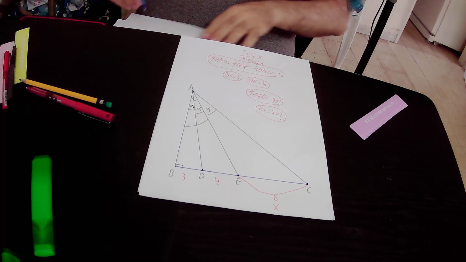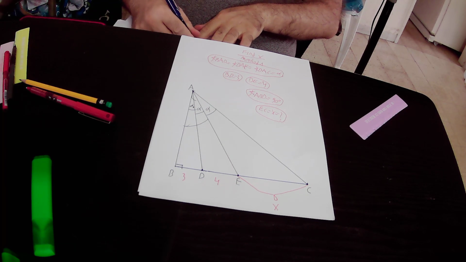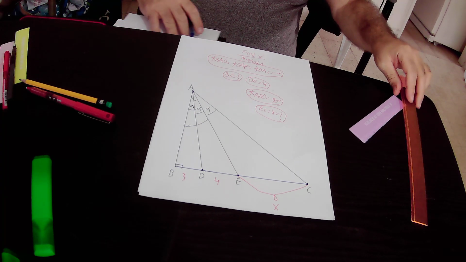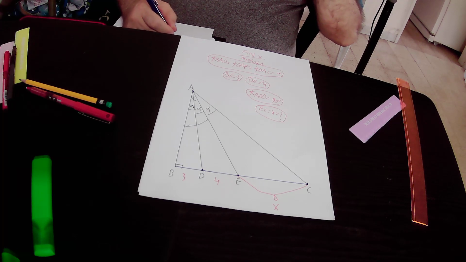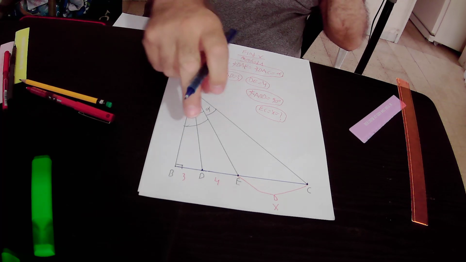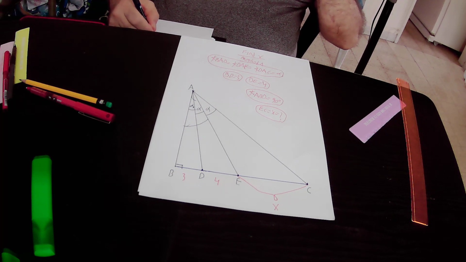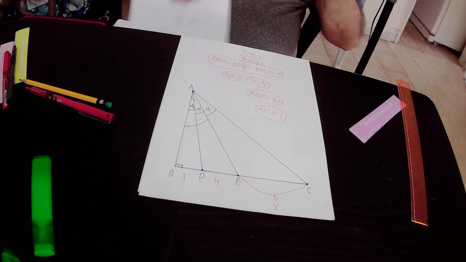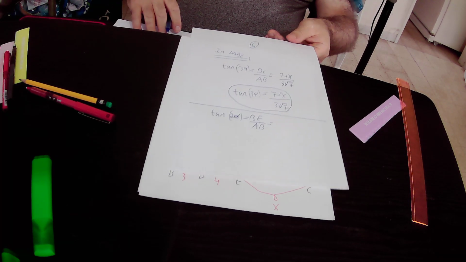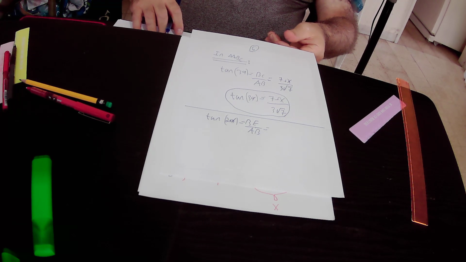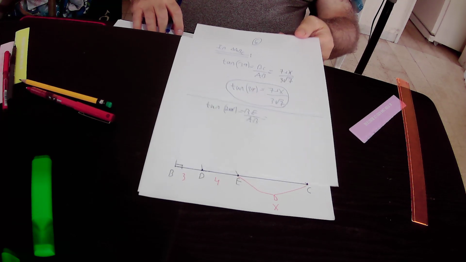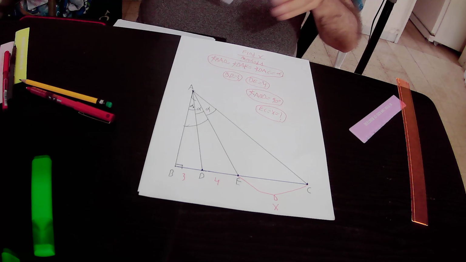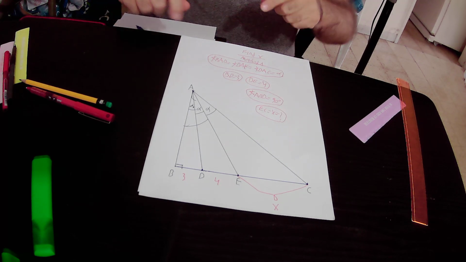In the right triangle ABE, we know that tangent 2 alpha equals BE over AB. But what is the value of BE?